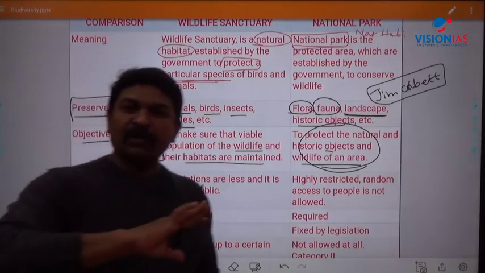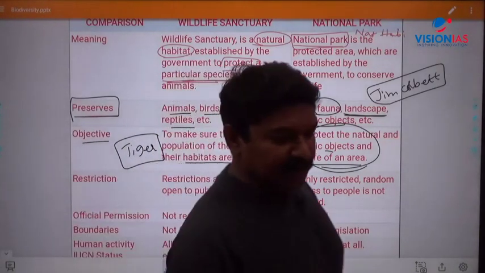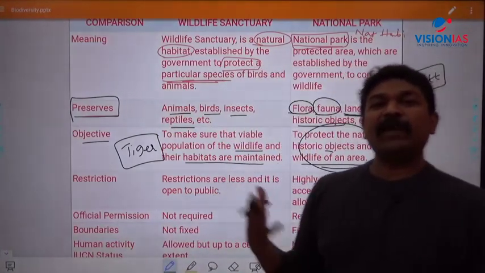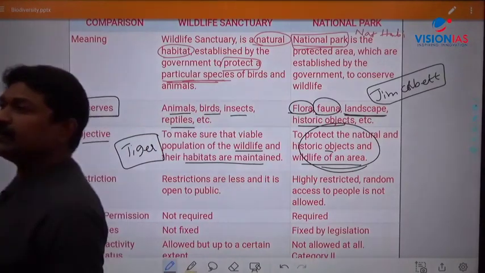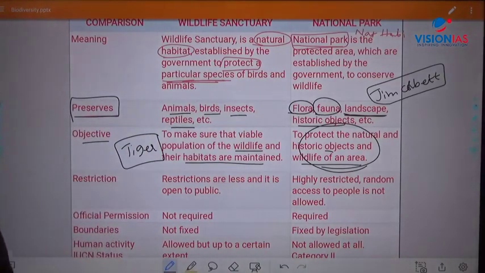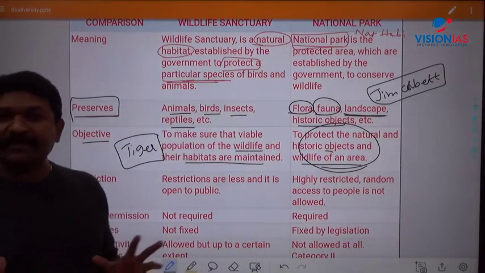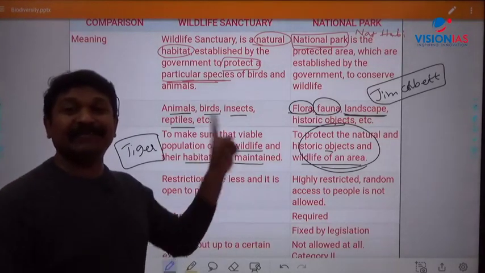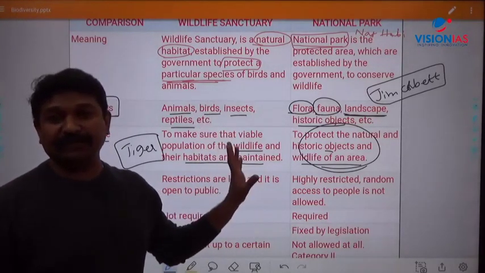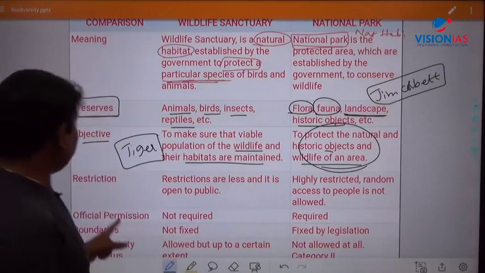No need to bother about the other species like deer or wild buffaloes, whatever species is present there. You just need to take care of the species mentioned under the definition of the wildlife sanctuary. Is it clear?